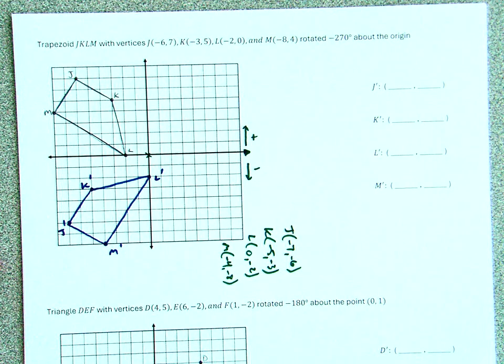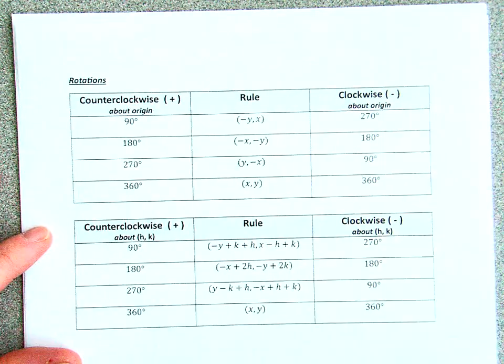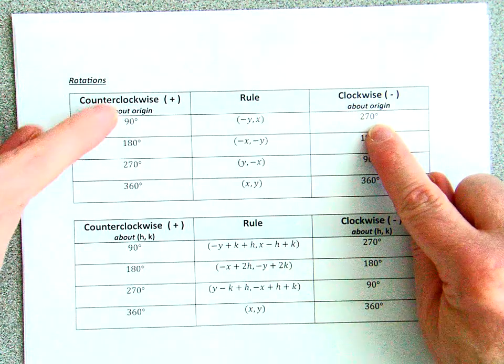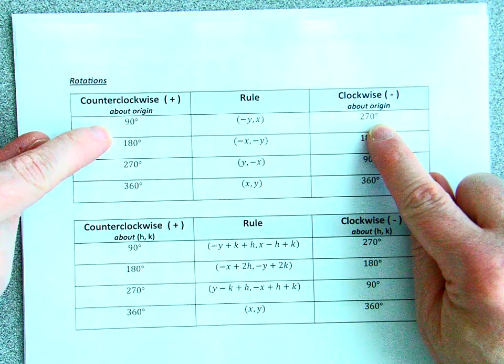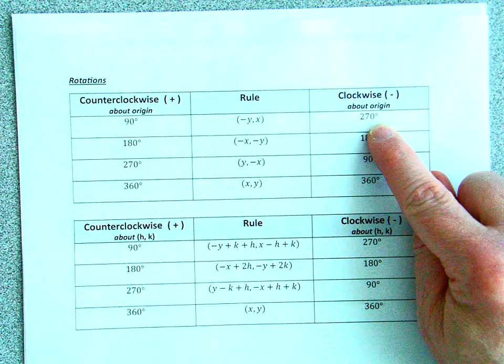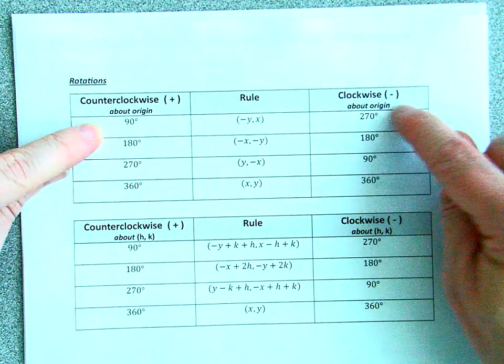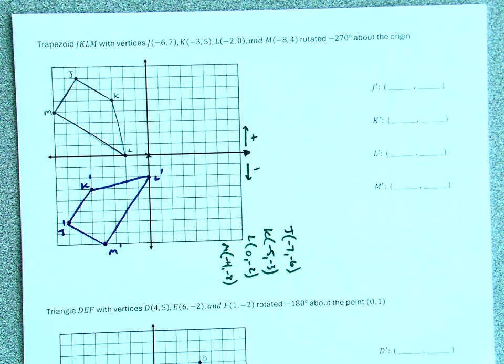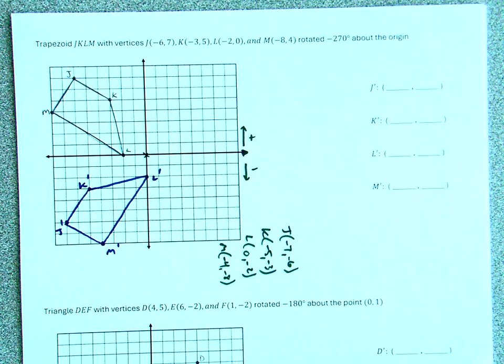Now, a lot of times people will say, well, -270 is the same as +90. So if you wanted to just do one turn to the left, that would be the same as moving your paper 3 turns to the right. So if you want to shorthand your rotations to put it in the position that it belongs, there's nothing wrong with that.